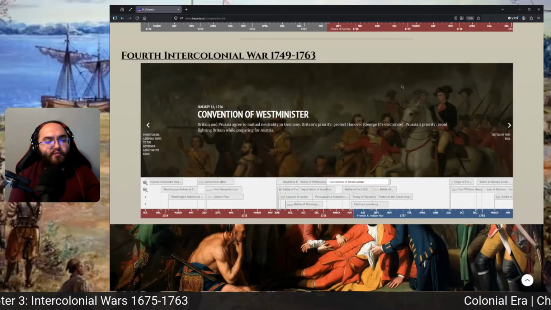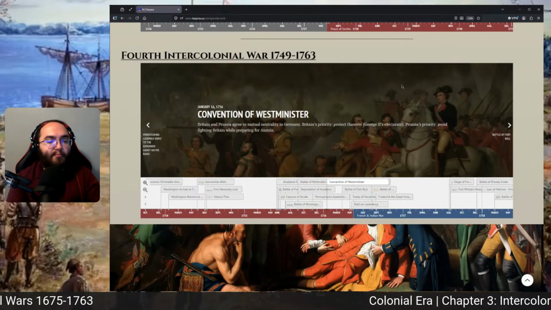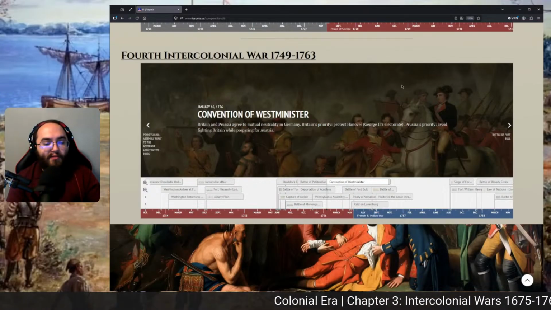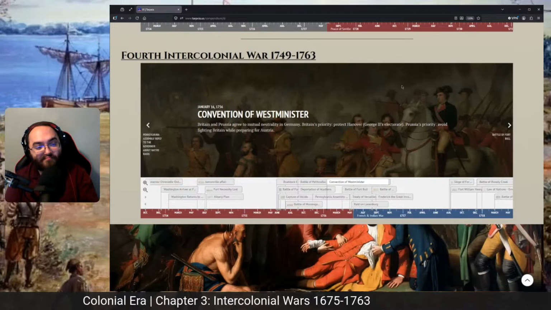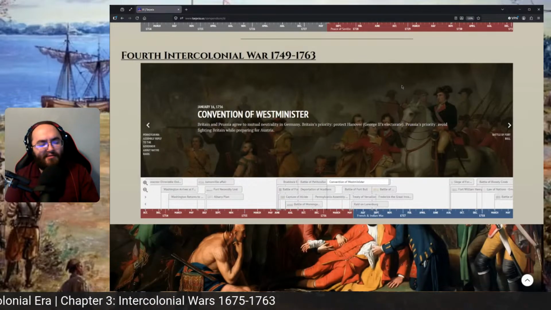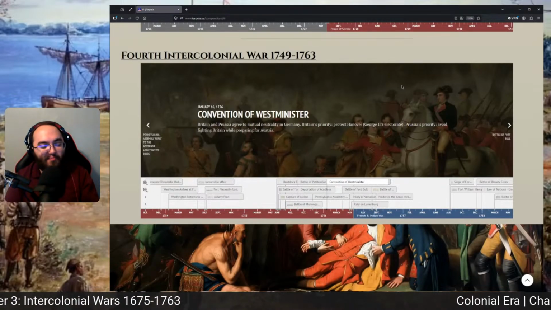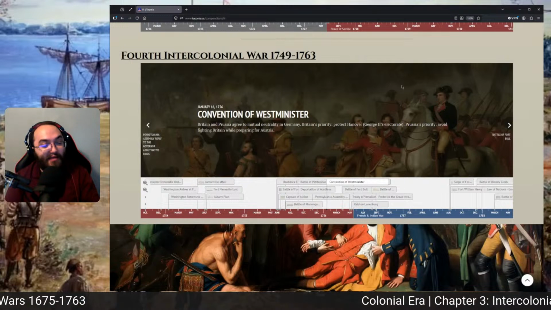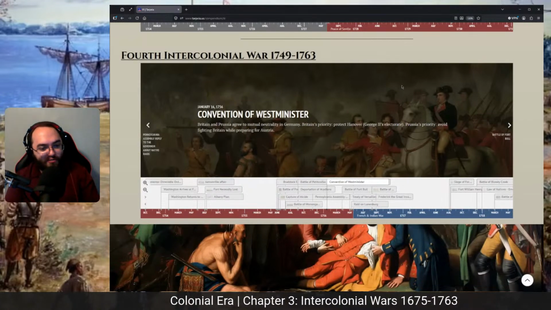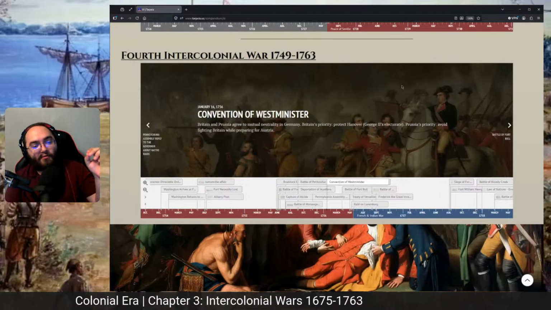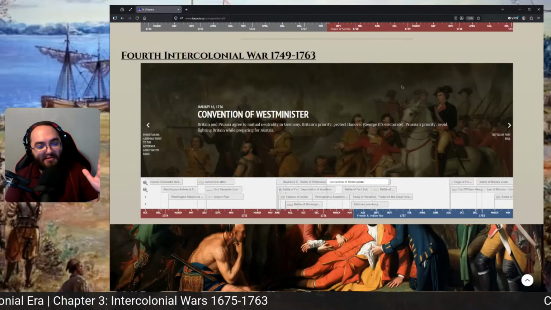You have the Convention of Westminster between Britain and Prussia. This is when they agree to have a defensive alliance. And so, again, understanding the treaties is very important and keeping track, because now the British and the Prussians are friends and they're allies with each other.